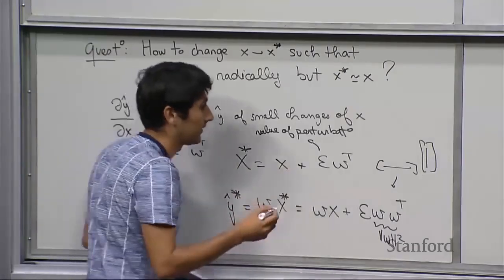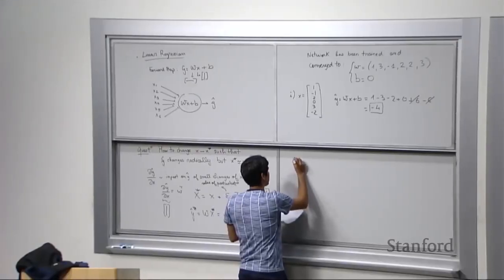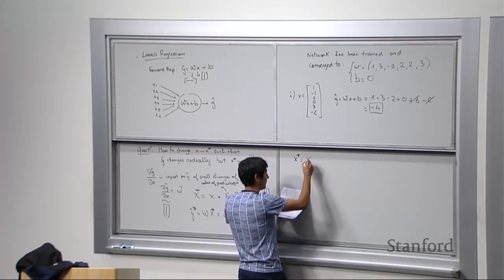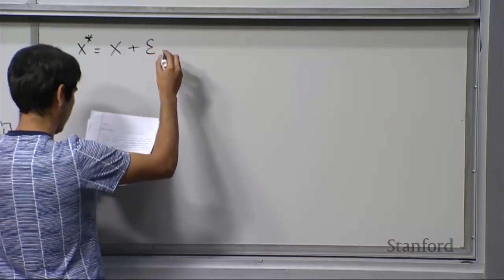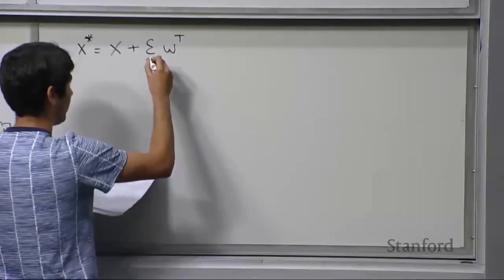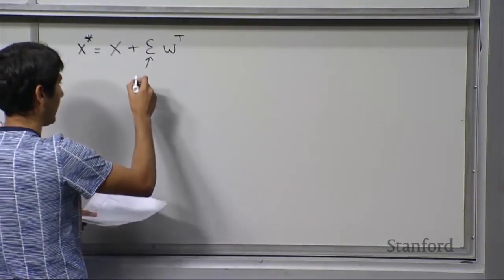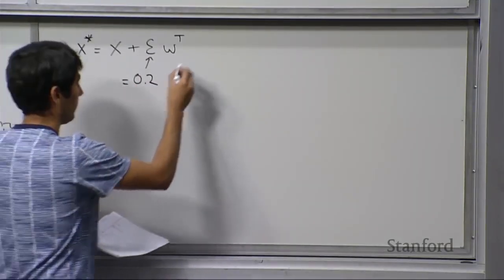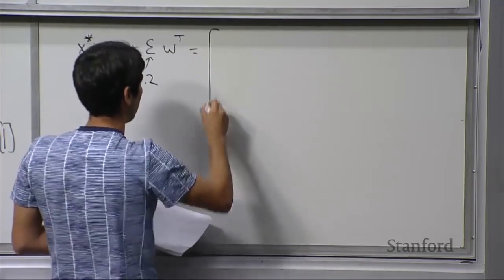And the interesting thing is now, if we compute x star to be x plus epsilon times W transpose, and we take epsilon to be a small value like, let's say, 0.2, you can make the calculation.